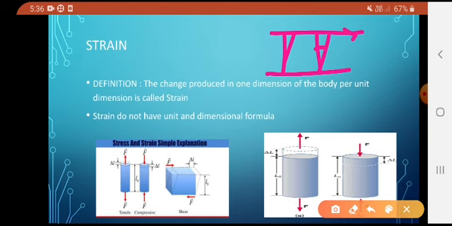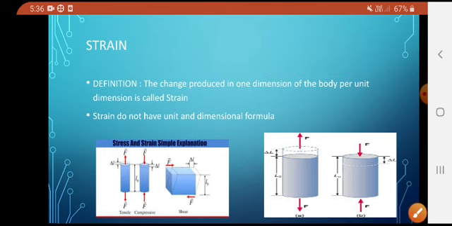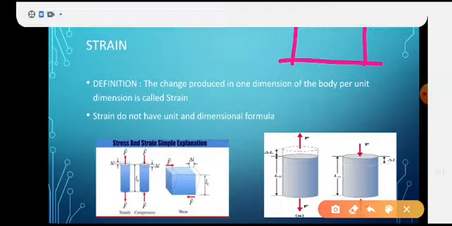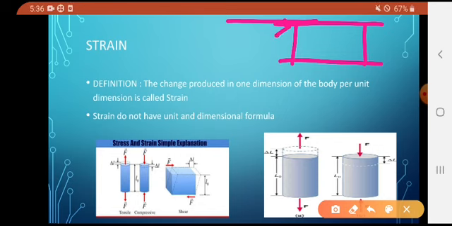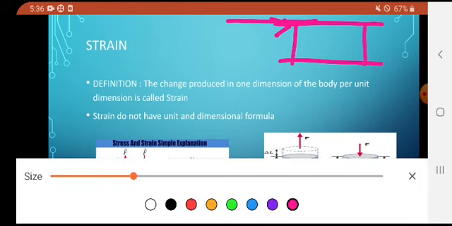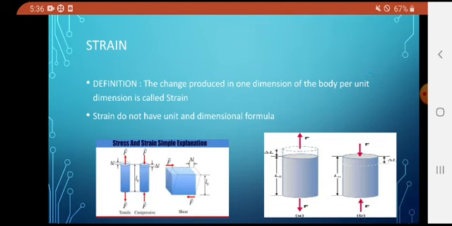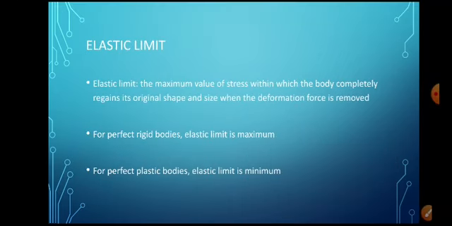For example, the object is like this, right? You are applying some force tangentially, so the object moves like this, so it makes a certain angle here. This is called a shearing strain. So we have three types of stress, three types of strains, right?